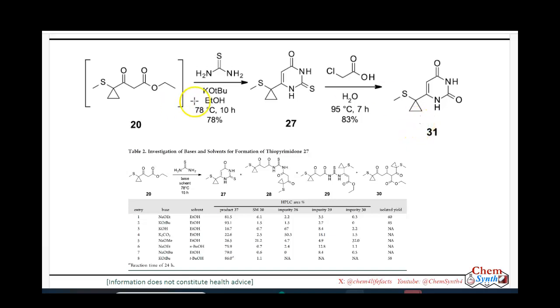So they switched to thiourea, and in that case it worked very well to get this thiopyrimidone. With very good yield it was obtained.